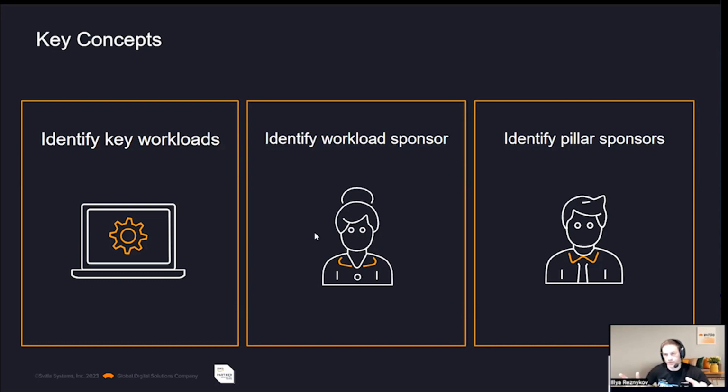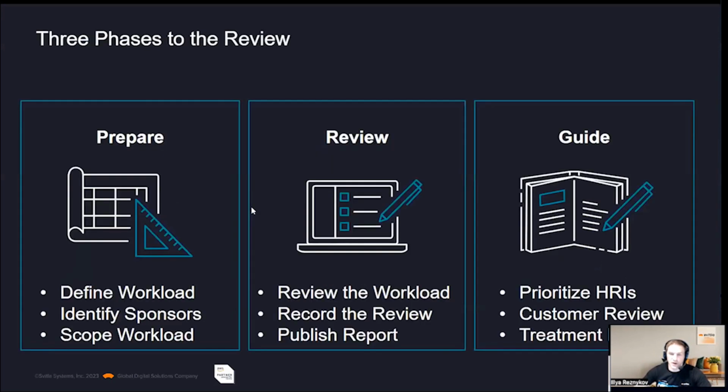It should be a stakeholder who owns the workload, could be a product owner, or knows enough about it. And for each pillar, we need to define a subject matter expert, called a pillar sponsor, who will be able to answer questions about how best practices are implemented for this workload.